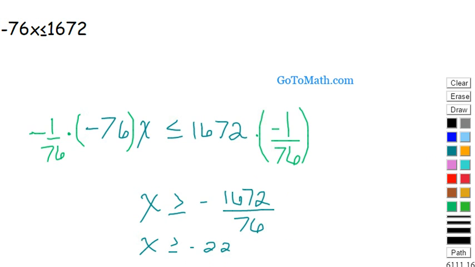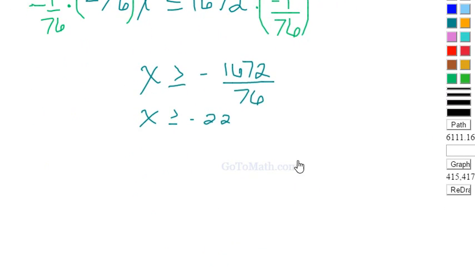Negative 22. Now remember, we've got several different ways we can display this solution. Let's put 0 here, and we'll say that x is greater than or equal to negative 22.